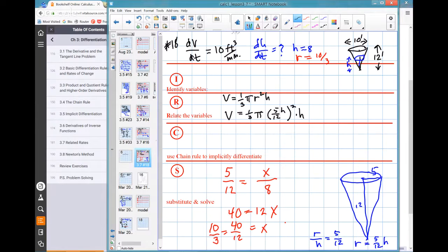So now I know the radius. Do you see where I got this from up here? I'm not sure we really need that, but I wanted to show you. Even though they didn't give that to you, we were able to figure it out.